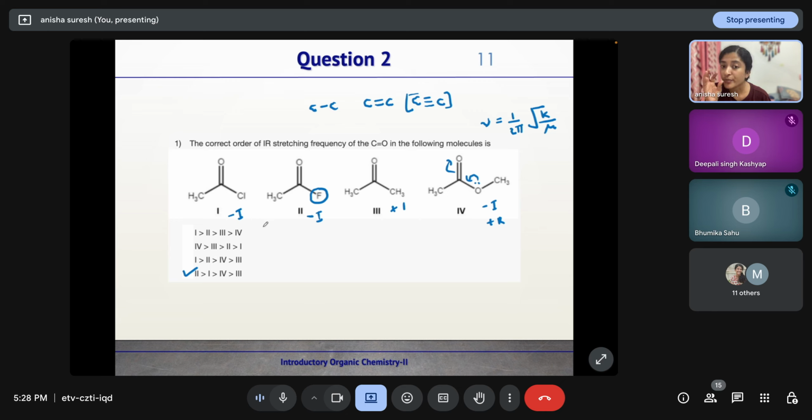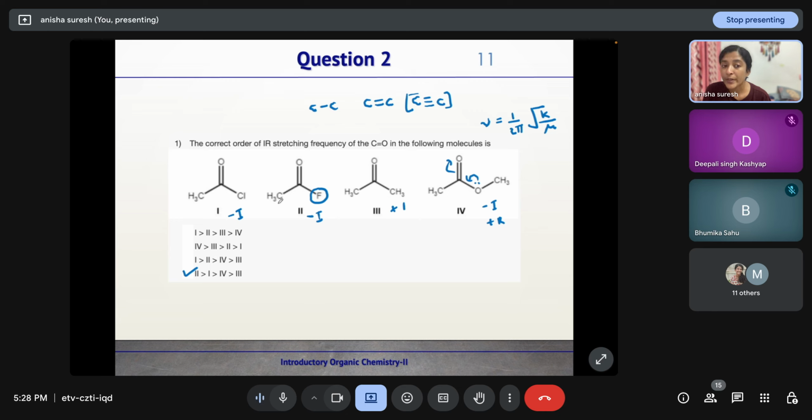So in the case of minus I effect, the bond is becoming shorter, and because of that, this trend is followed. Fluorine has greater electronegativity than chlorine and oxygen, and because of that, the minus I effect will be more pronounced.